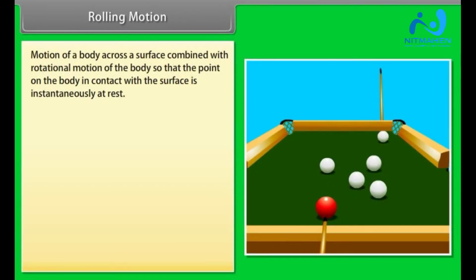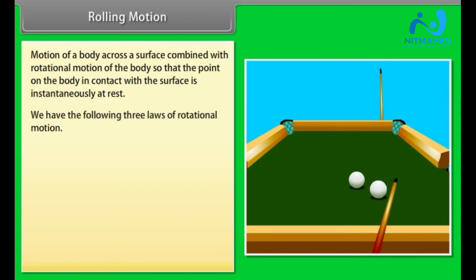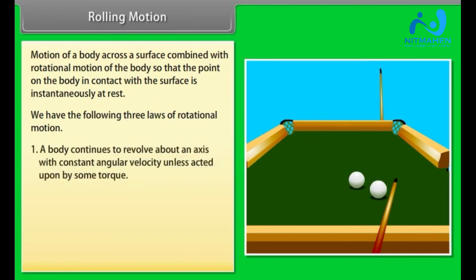Rolling motion. Motion of a body across a surface combined with rotational motion of the body so that the point on the body in contact with the surface is instantaneously at rest. We have the following three laws of rotational motion. Number 1.